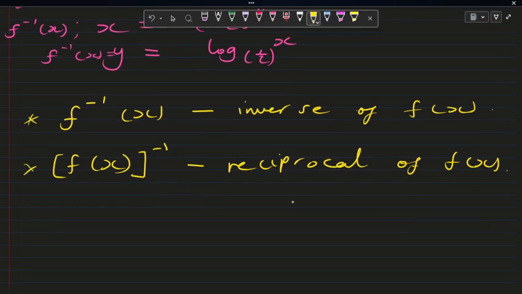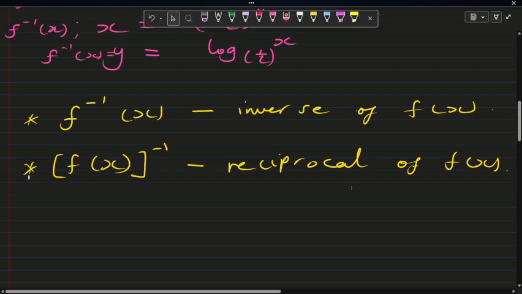These are very important notations that we have to be able to distinguish, because I've seen a lot of students confuse these two notations. They might be similar, but they are not the same at all. They mean two different things.